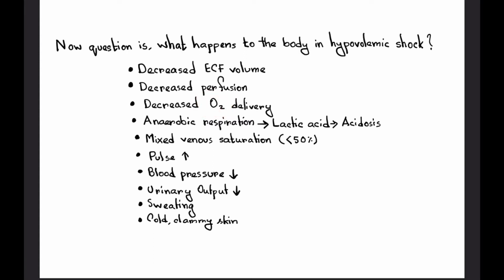Therefore, in the absence of the required oxygen, there will be anaerobic respiration at the cellular level. The end product of anaerobic respiration is lactic acid, and accumulation of lactic acid will lead to metabolic acidosis in our body. The mixed venous saturation will be less than 50%.